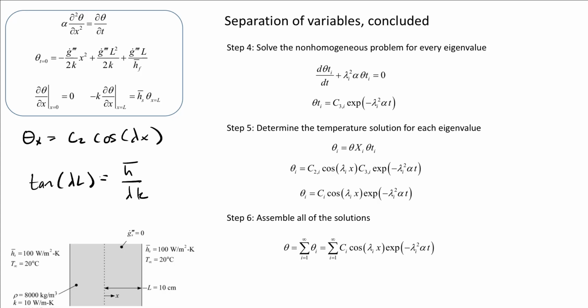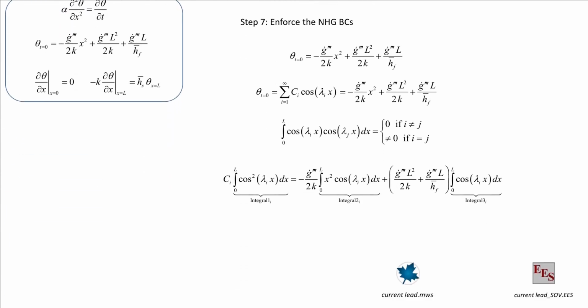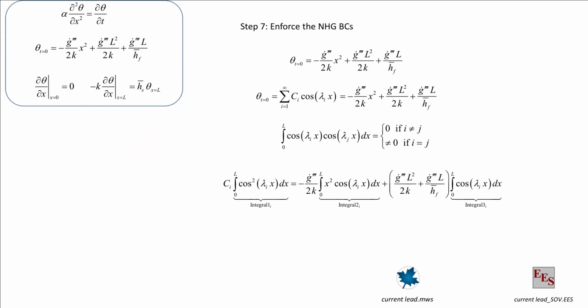Okay, before we do that, let's assemble all the solutions back together by summing them up, and we're left with the summation of all i's is equal to this solution. Okay, so then step 7 here now is to enforce the non-homogeneous boundary condition, or single boundary condition here in time, and we're going to do that using our initial condition.